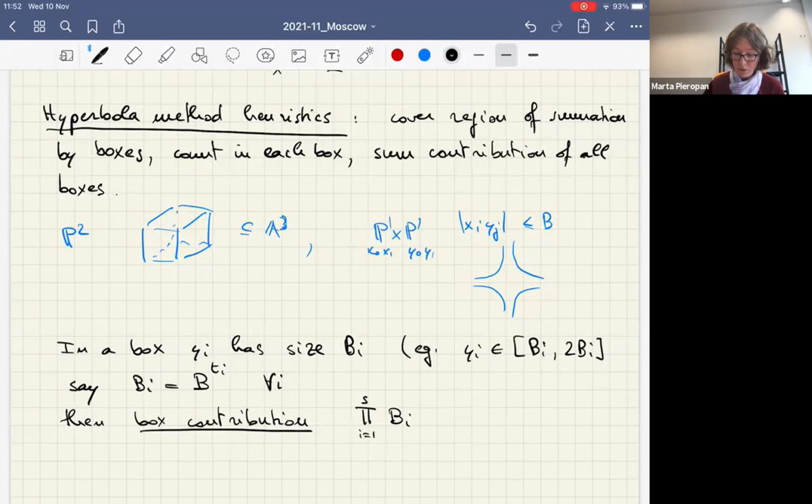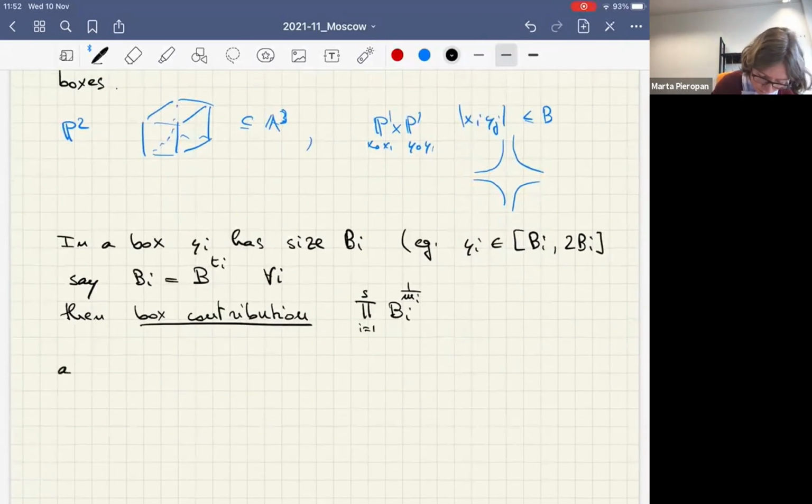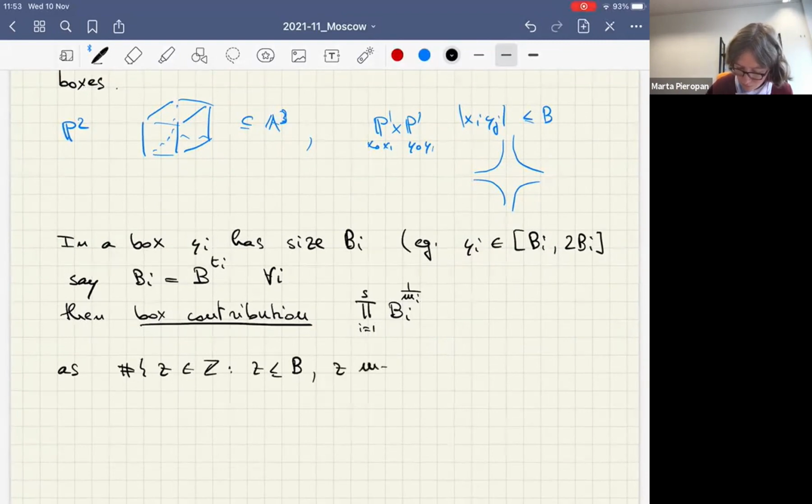But because I'm counting Campana points, so I'm counting points with these mi-fullness conditions, I have an exponent of 1 over mi for each bound. And this is because the number of integers z at most b such that z is m-full is known to be asymptotic, up to some explicit constant c, well, not the same as the c before, so let's say c prime, and b to the 1 over m.